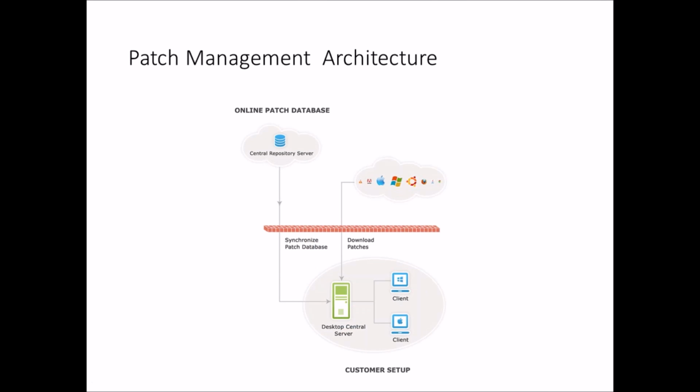Being said with the architecture of Desktop Central, let's look at the patch management architecture. It is a simple design for managing the patches. It all starts from the central repository server, which is the entry point for your patch management. This central repository is going to hold all the required details for the scanning.